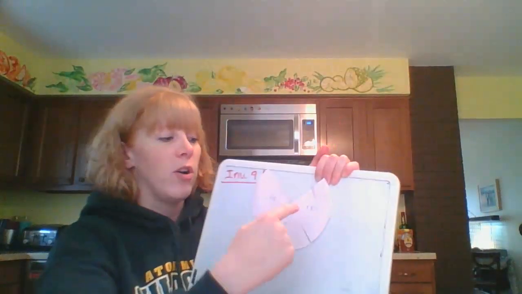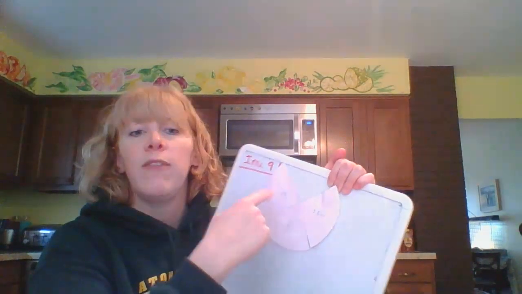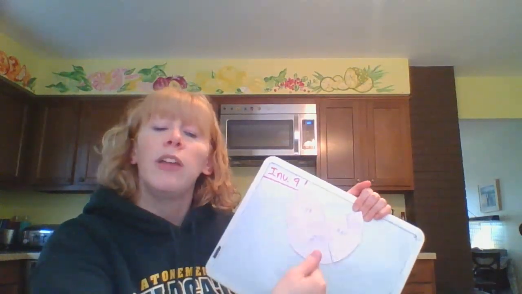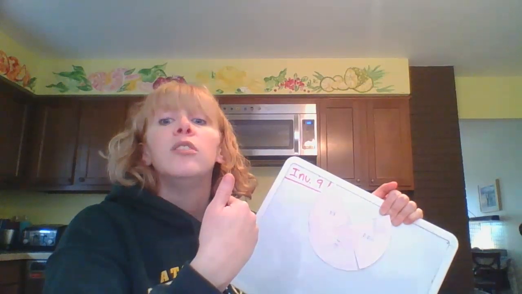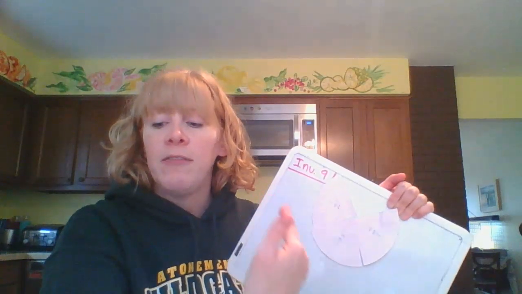So when I have 3/4, I have 25% plus 25% plus 25%. So 25 plus 25 plus 25 if I want to do repeated addition, or 25 times 3 if I'd rather do multiplication. 3/4 is going to be the same as 75%.